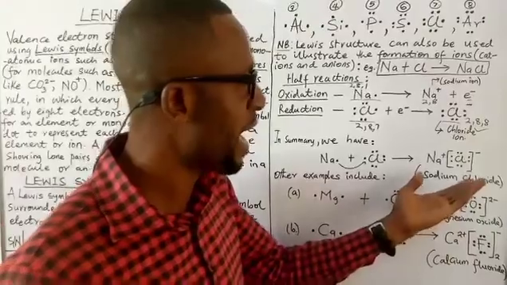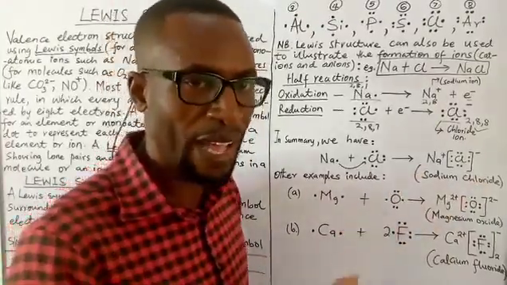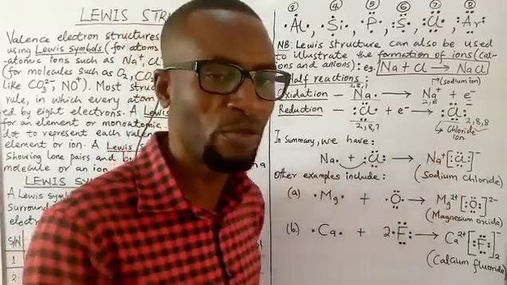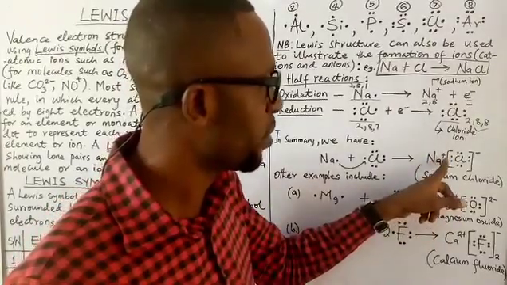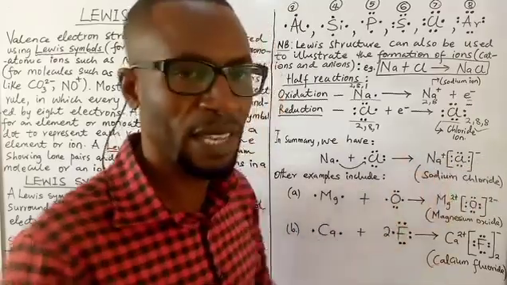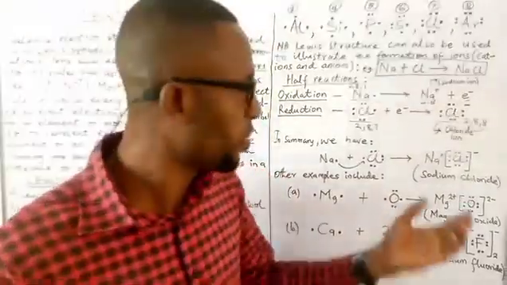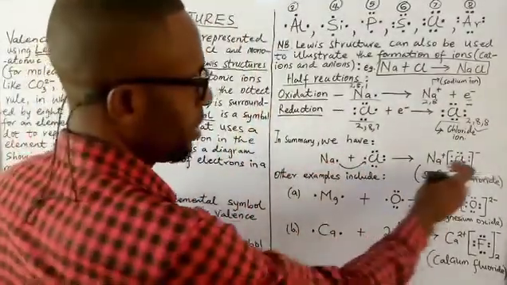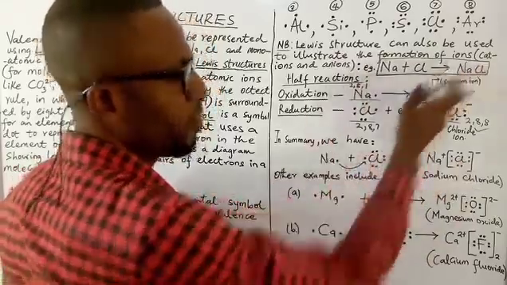Remember, these are ionic species because both of them are held together by what we call strong electrostatic forces. The difference in charges, plus and minus, makes a strong ionic bond possible. So here, this particular structure is the Lewis structure of this reaction.